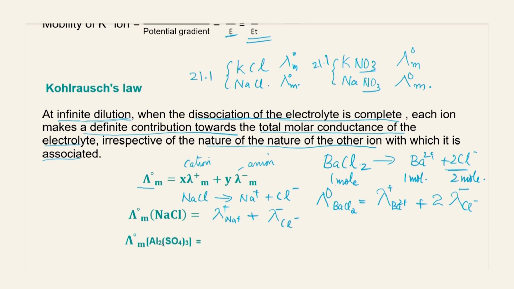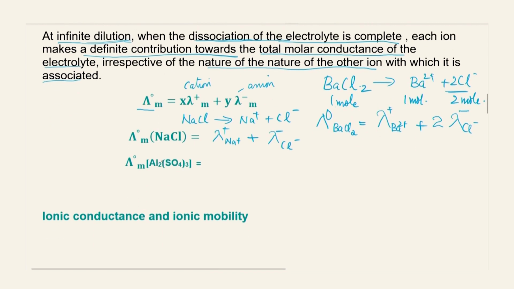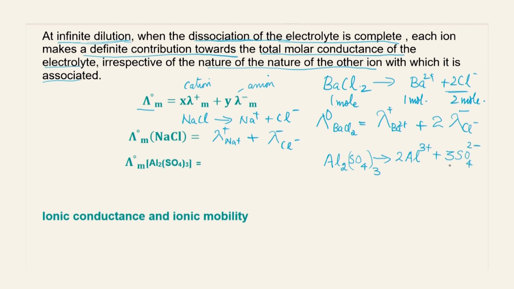Okay. Now, next let us see what happens if I write down lambda 0 for aluminum sulphate. In the case of aluminum sulphate, you have to just check its dissociation, which is slightly different. Al2(SO4)3 will be ionizing as 2Al3 plus and 3SO4 2 minus. Here we will be having 3 sulphate ions and 2 aluminum ions.